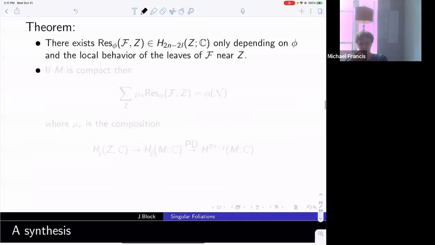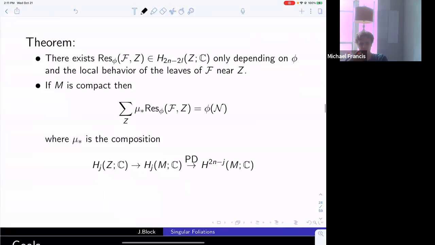And their theorem was that there exists a local formula for the characteristic class. It's actually a formula for the actual characteristic class of the normal bundle, at least if phi is in the vanishing range of the Bott vanishing theorem.